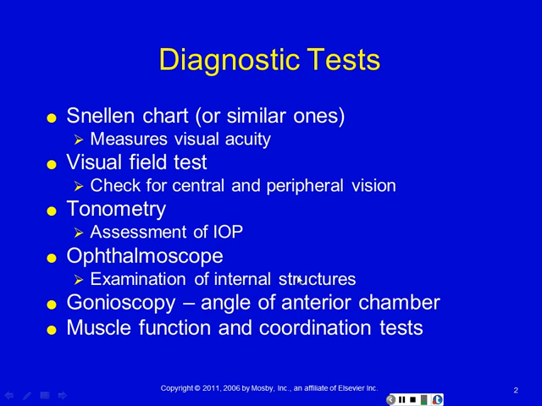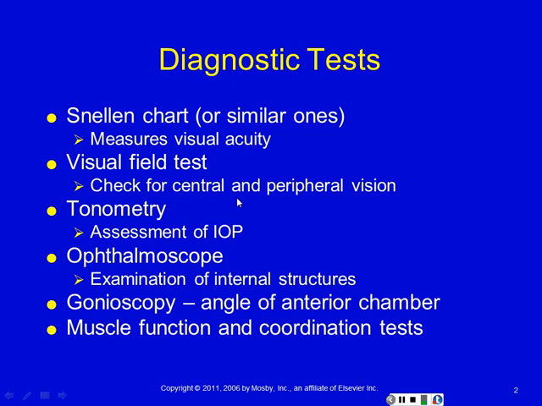The ophthalmoscope is the fancy name for the device that the doctor or the nurse uses to look into the back of the eye. What we're looking at there is what's called the optic disc, or the part of the retina that we can see looking through the iris in the front. When we dilate patients' eyes, we can see much more of the optic disc, so we can see more of the retina and we can assess its health better.